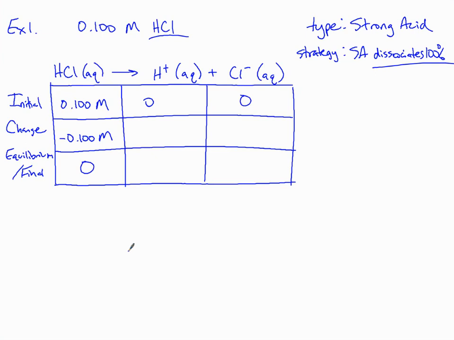What's going to happen is all of it is going to become hydrogen ions and chloride ions in the same concentration, because for every one of these we get one of these. And so the final concentrations are 0.1 molar of each. Since this is a strong acid, this was a really easy calculation to make.